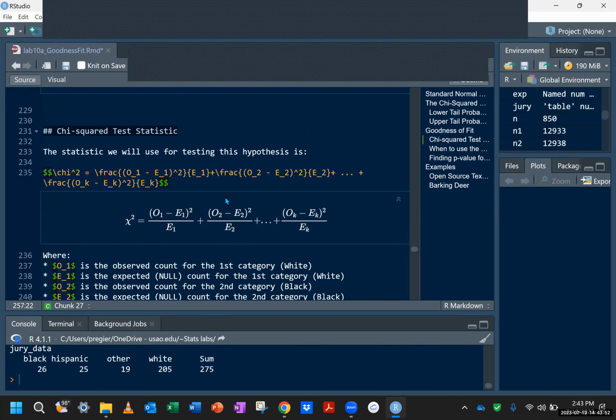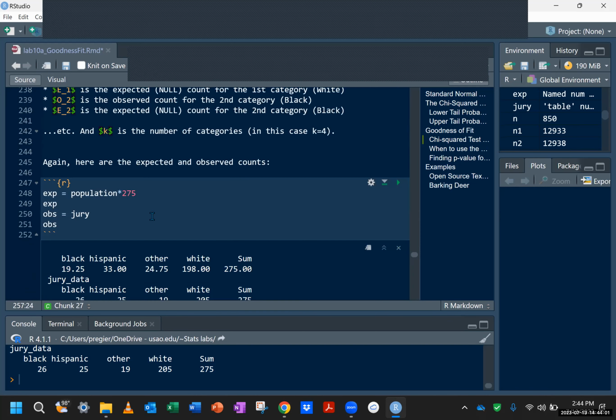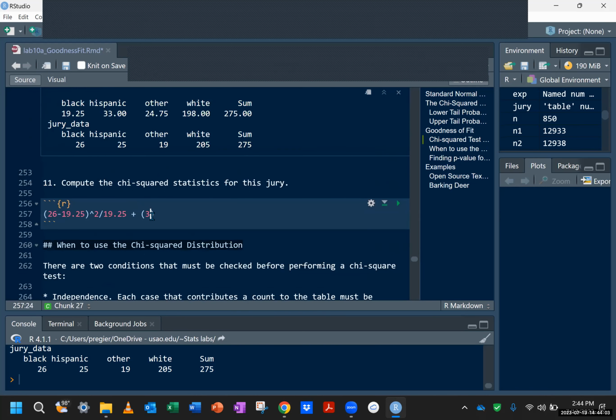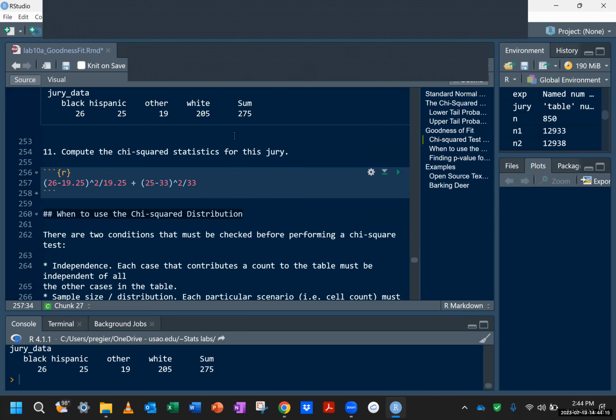Now we got to do it for the next category. There were 25 observed minus 33 expected. Square that and divide by the number expected. Observed minus expected, squared, divided by expected. And now we'll proceed to the other category.